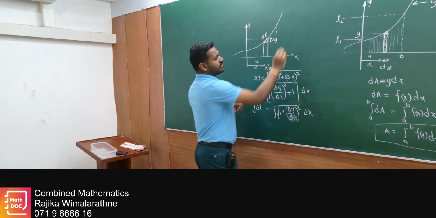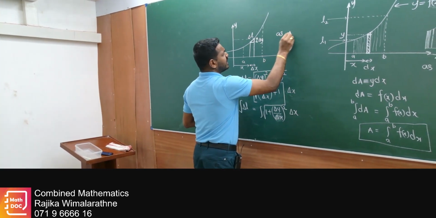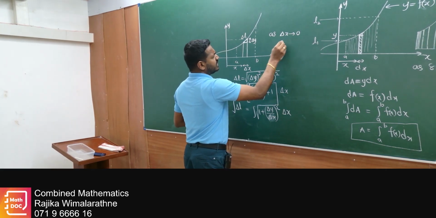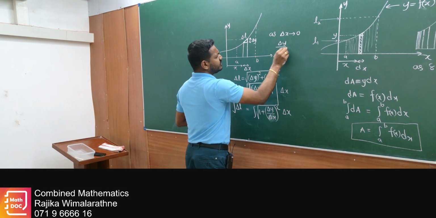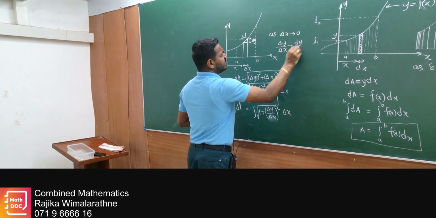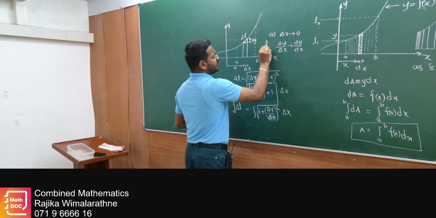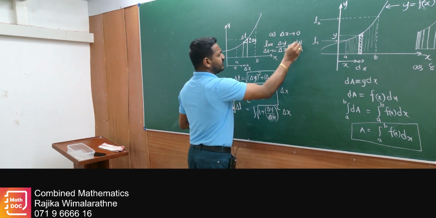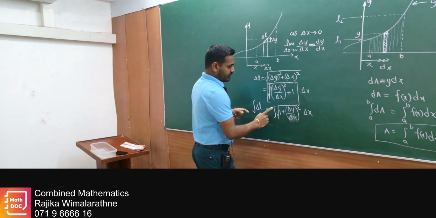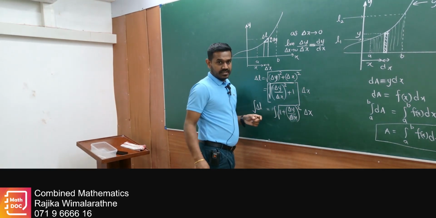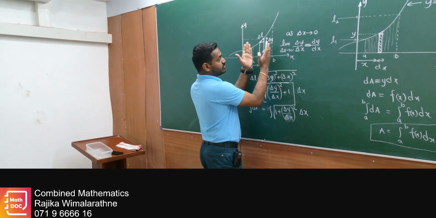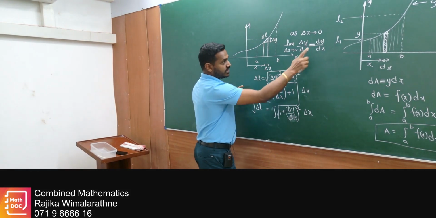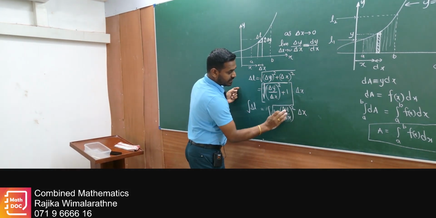As delta x goes to 0, delta y divided by delta x becomes dy by dx, the limit as delta x goes to 0. As delta x tends to 0, the points are so close to each other that instead of delta y over delta x, you write dy by dx.